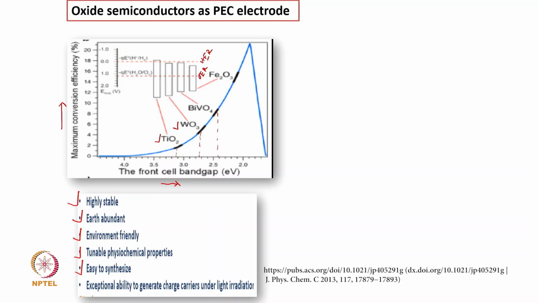But the maximum efficiency one can obtain is in Fe2O3. Its band gap is around 1.8 to 2 electron volts, and although its conduction band minimum is slightly below the HER line, it gives very high efficiency.